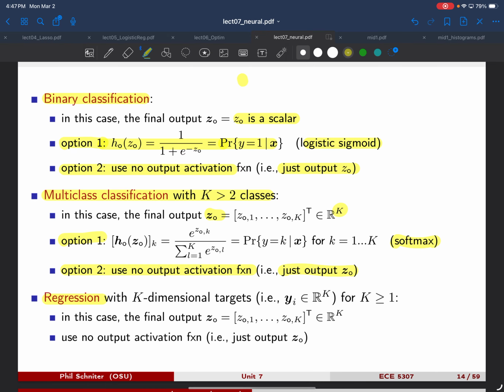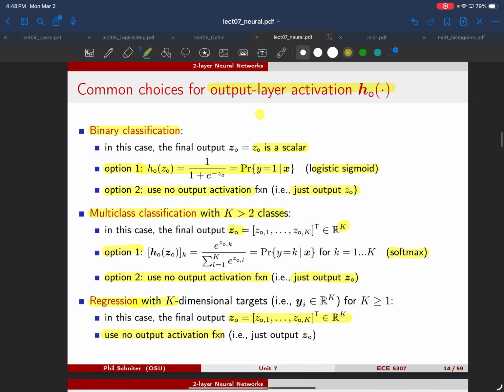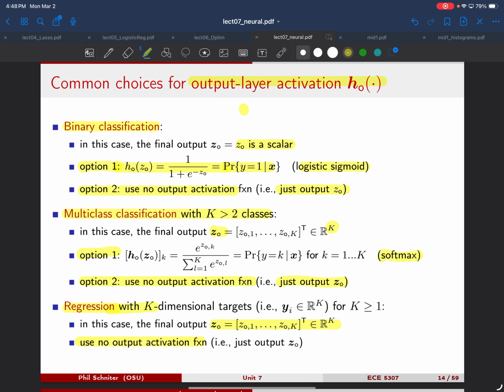Another application that we've seen a lot of is regression. If we take the general case where we have k different targets, for k equal to 1 or more, then the final output will be a vector of reals of dimension k. But in this case, we really don't want to use any output activation function. We just output that directly. Okay, so that's how we typically choose the output layer activation. Any questions?